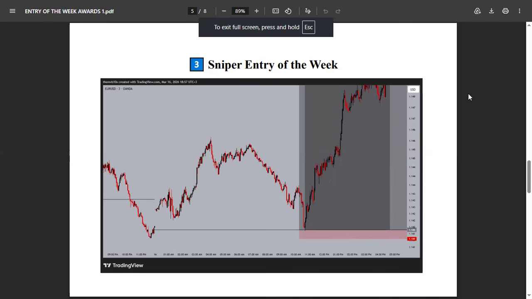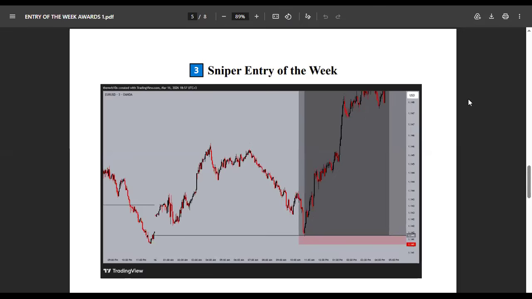Now, the next category is sniper entry of the week. Guys, this entry, I love it. I love it. I love it. It is from EUR USD around 3 minutes, and it was the first entry of the week actually.